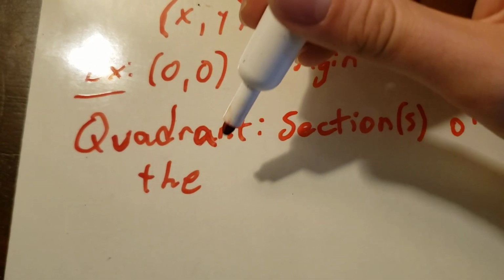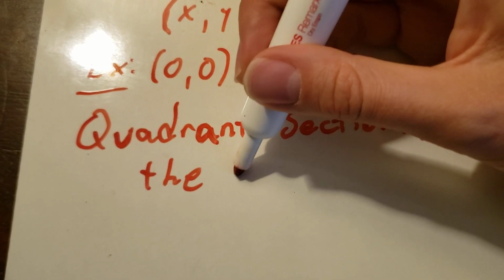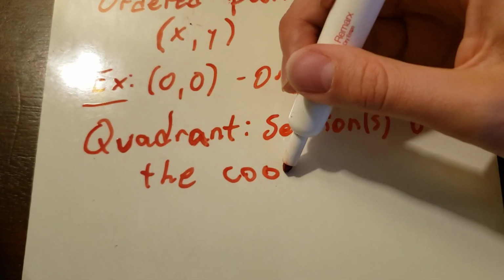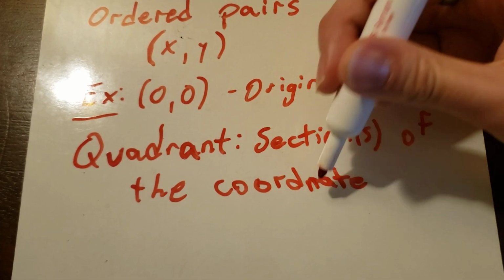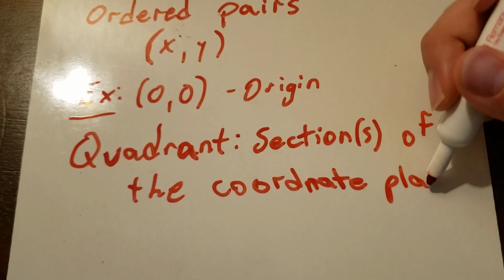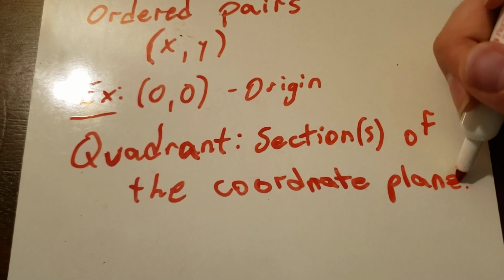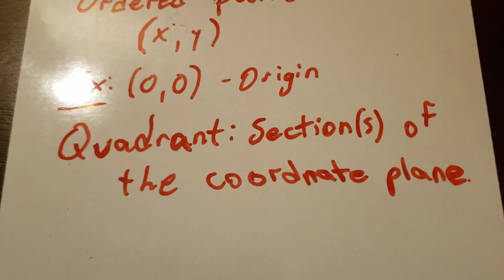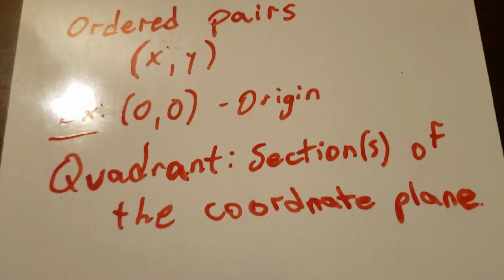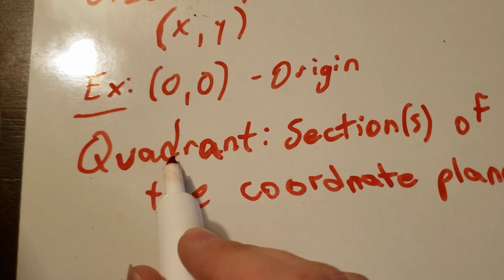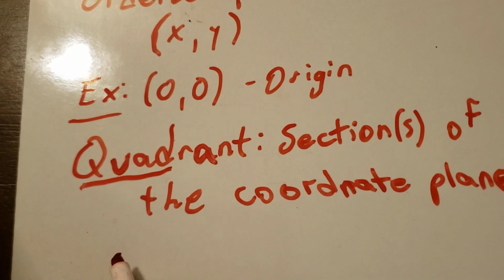I don't know why it follows my hand. I'm really sorry for the shaking. Sections of the coordinate plane. And this is how they break up. Now, if you could guess, quad always means 4.